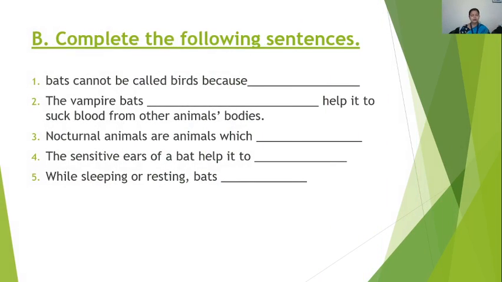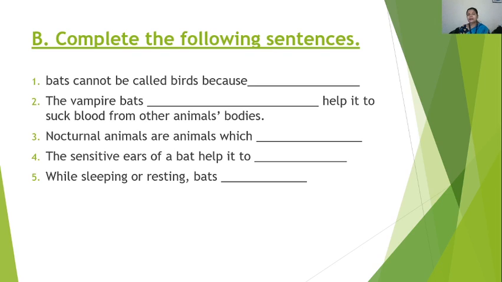Now let's switch to exercise B. Complete the following sentences. Bats cannot be called birds because... now write down. Now children, in such kinds of exercises, the answers could be of one word, two words, or in the form of long sentences.